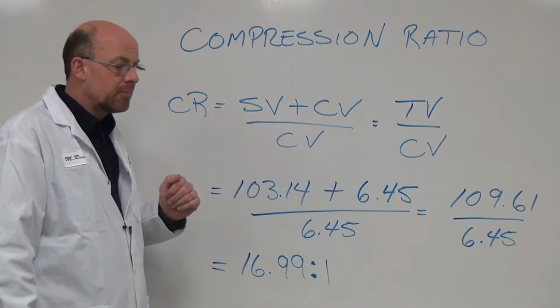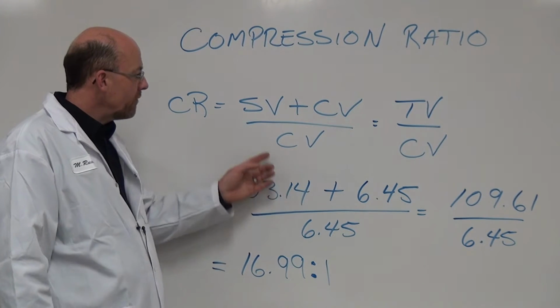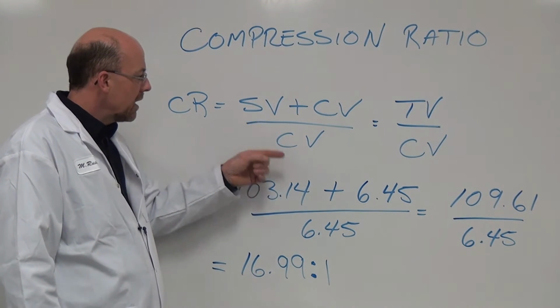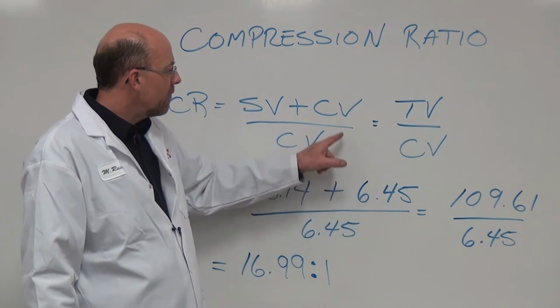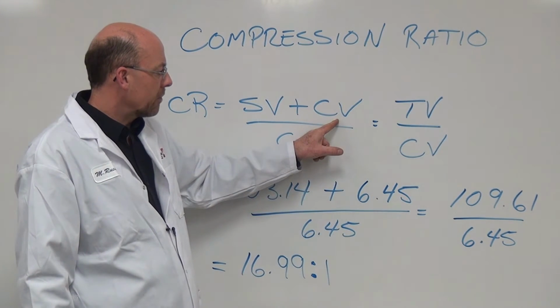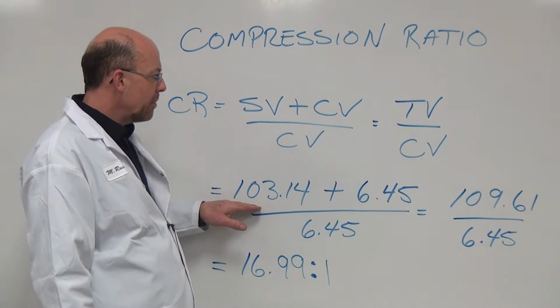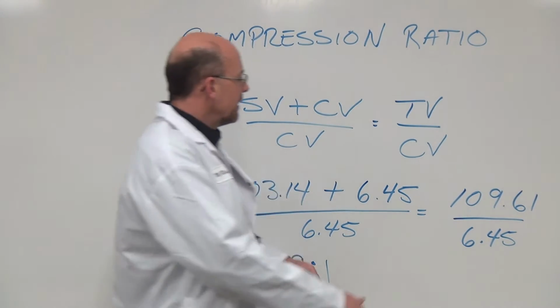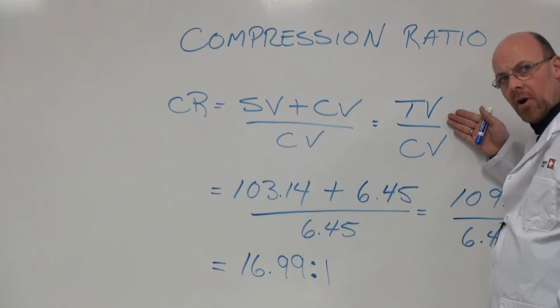So if we plug in some numbers from prior formulas, 103.14 for swept volume, and I've given a value of 6.45 cubic inches for our clearance volume. If we add the two together on the top, it calculates out to what is also known as our total volume.